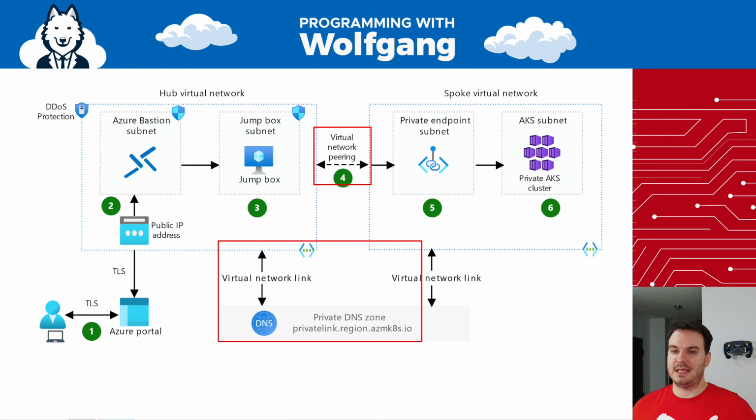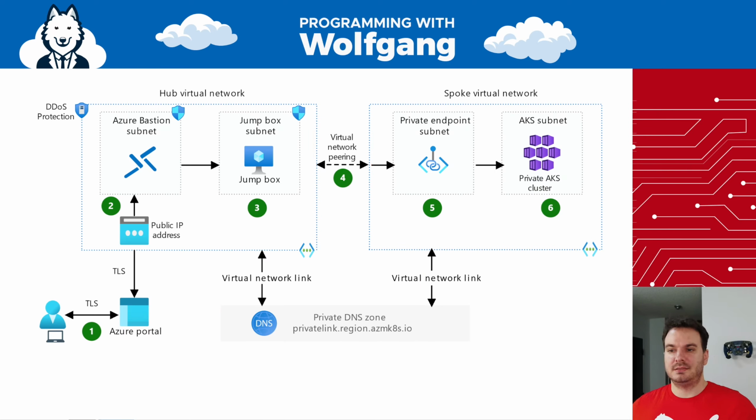After we set up both the peering and the registration in the DNS zone, we tested again the access, and this time it worked. This means we have a private cluster, and we also found a way to securely access this cluster without having any ports or IPs being open to the internet.